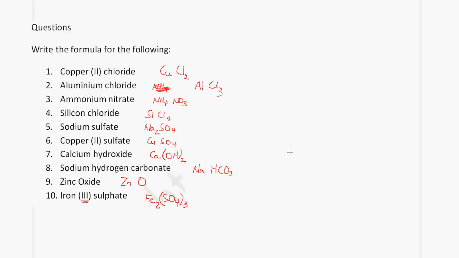Fe is the symbol for iron, SO4 is the symbol for sulfate. The valency for iron in this case is 3, and the valency for sulfate is 2. Therefore we need to swap, and that's how we get Fe2(SO4) taken 3 times.